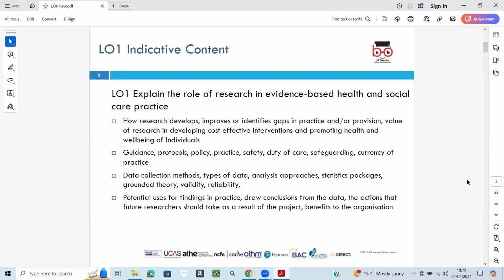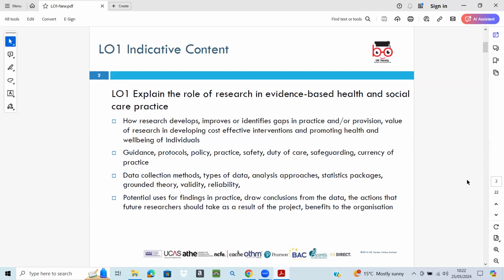This is analyzing the results, and the example is concluding whether a new diabetes management program will improve patient outcomes and compliance based on the data collected.